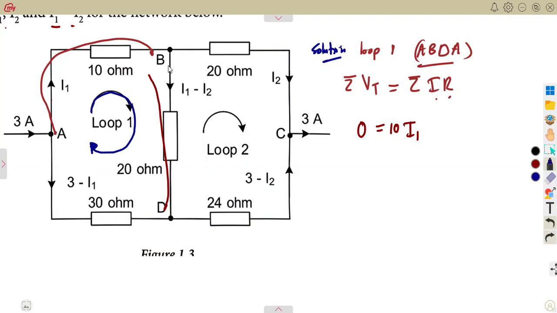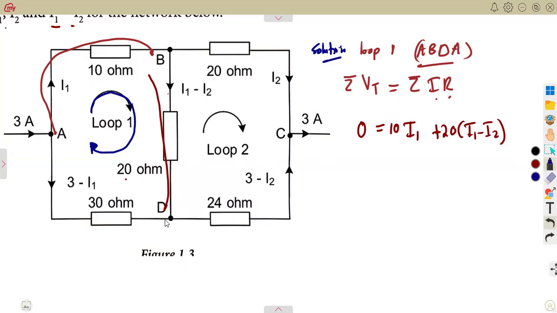If it was going the other way, it would be negative because it's opposing how you are moving in the loop. B to D is moving the same way, so it's going to be positive. So that's 20 times the current, which is given as I1 minus I2.